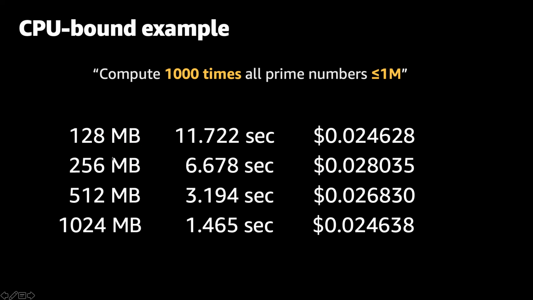If you double the memory, it takes about half. If you double the memory again, it takes half again. If you double up to 1 gigabyte, now it takes almost a second and a half. And that is 10 times faster than what we had initially. And if you look at the cost, it's basically the same. So this is a super important idea.